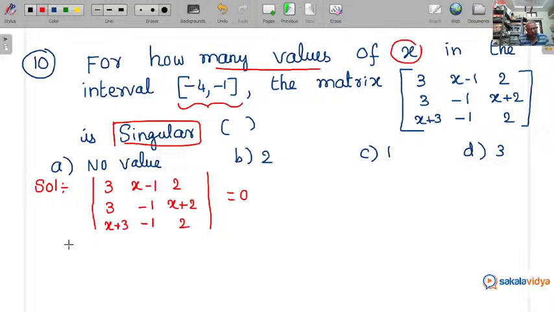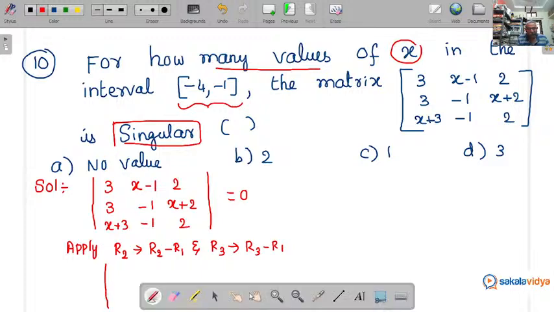So apply the row operations: R2 is written as R2 minus R1, simultaneously R3 is written as R3 minus R1. Only two operations are entertained. That means from row 2 subtract row 1, from row 3 subtract row 1. So then we get like this now.